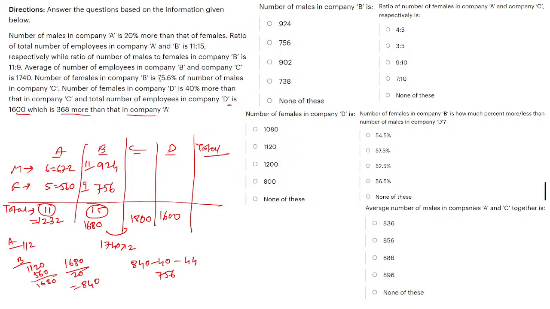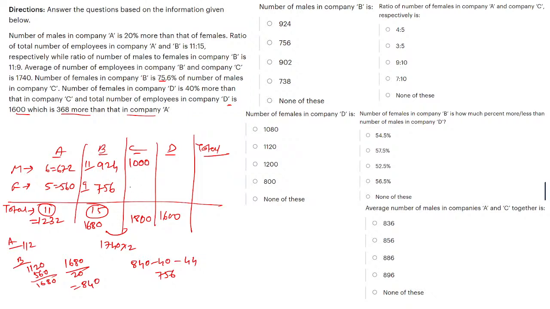See, number of females in company B is 75.6% of the number of males in company C. That means 756 is 75.6%. That means number of males of company C is 1000 here. 75.6% of 1000 gives 756, right?